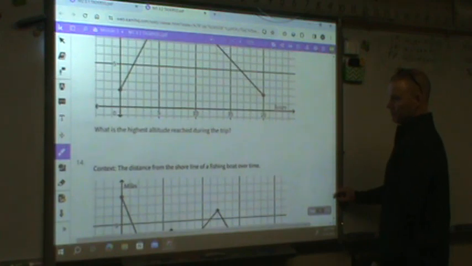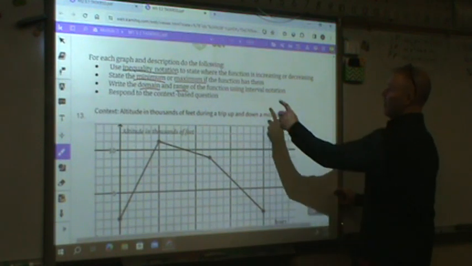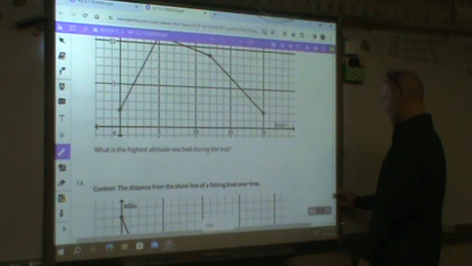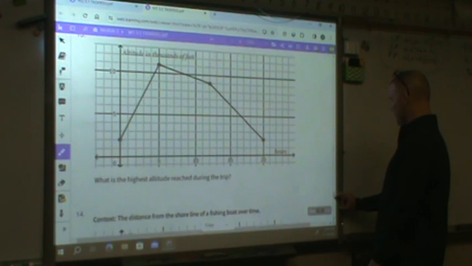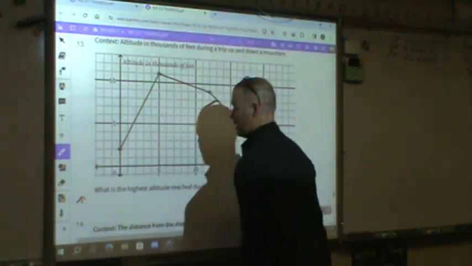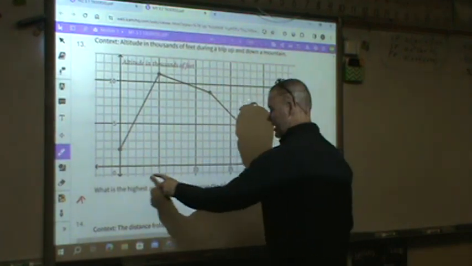Up here, I think it said talk about increase and decrease. Where is it increasing, where is it decreasing? I'm going to use arrows to talk about that. Arrow up is increasing. So where is it increasing? When we talk about that, we want to talk about x values.